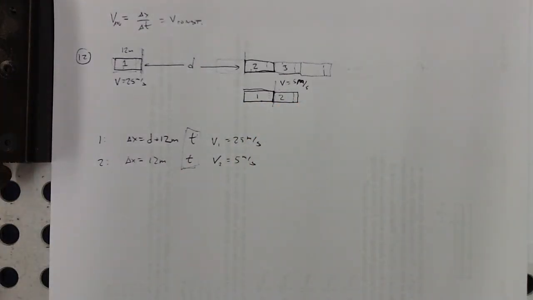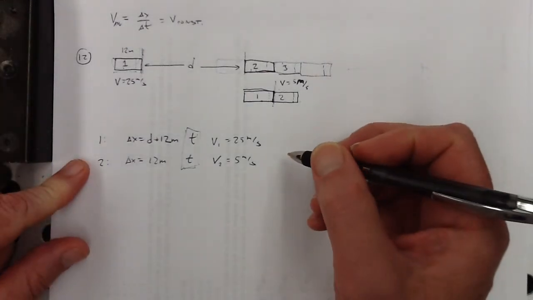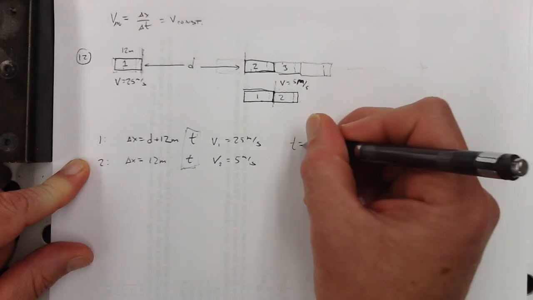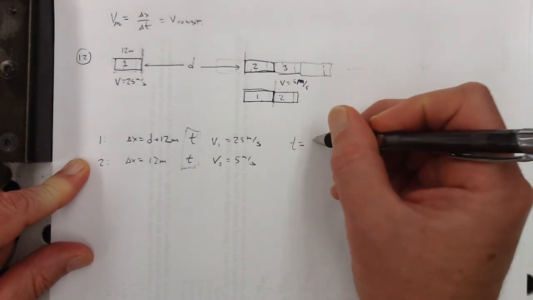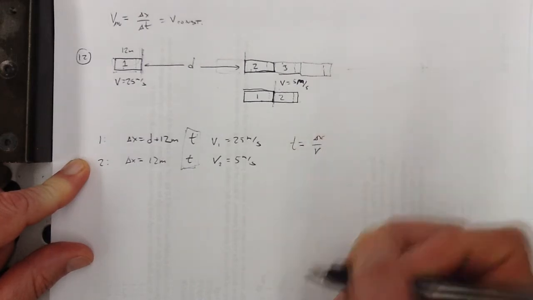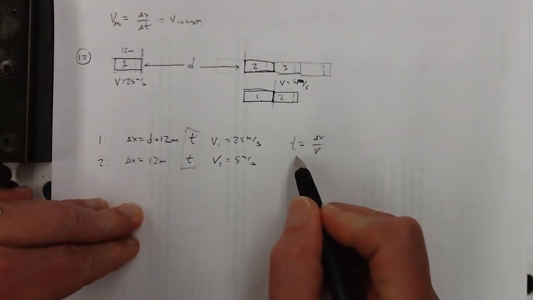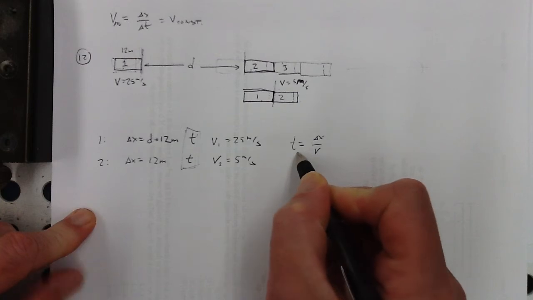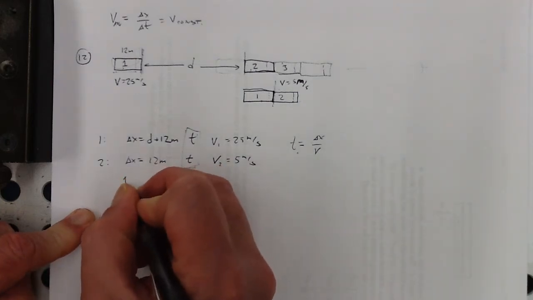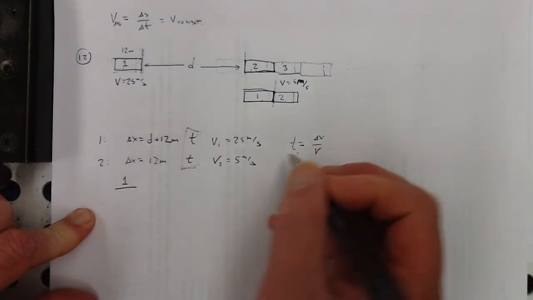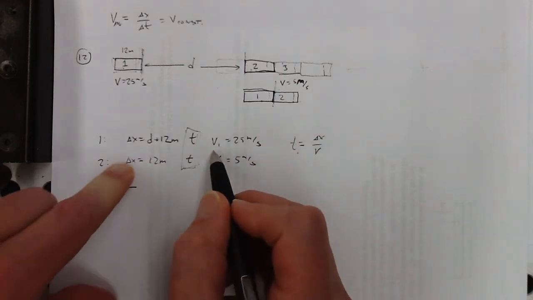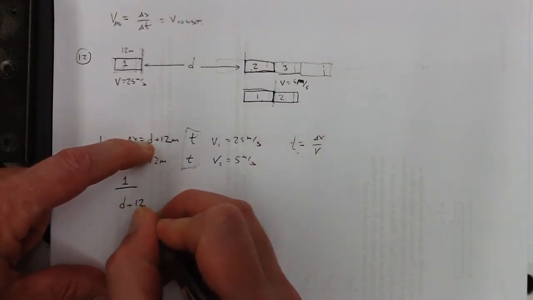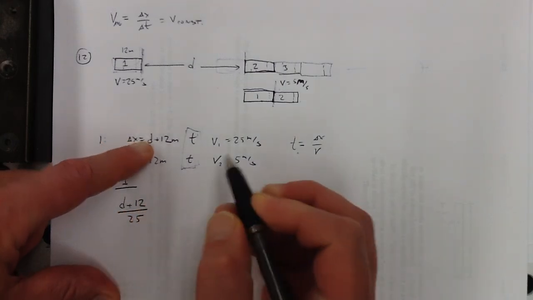All right, and then if I want to solve for time here, I know that time is equal to the displacement divided by the velocity, and I'm setting it up that way because I know the times are equal to each other, so I think I can get an equation out of this. So for car 1, I have time is equal to d plus 12 over 25.